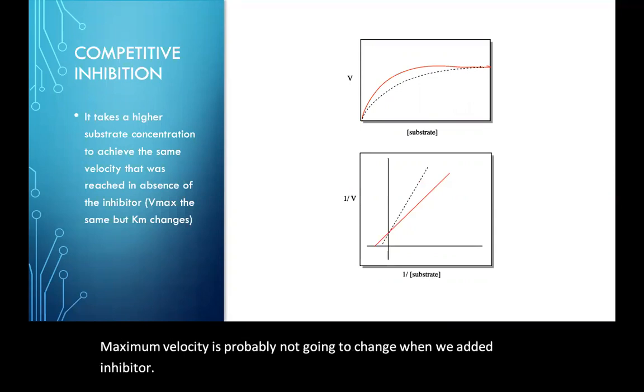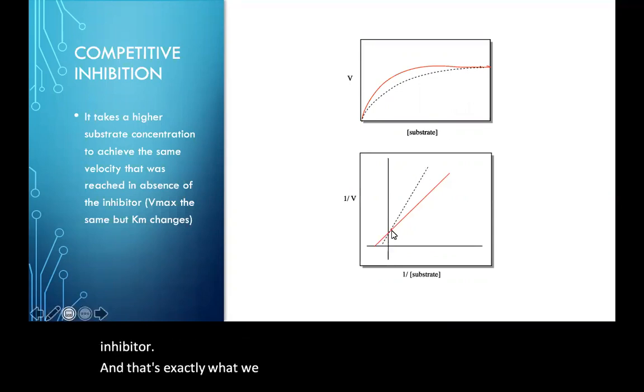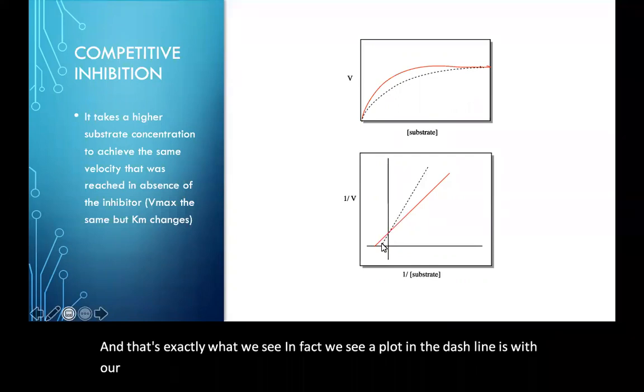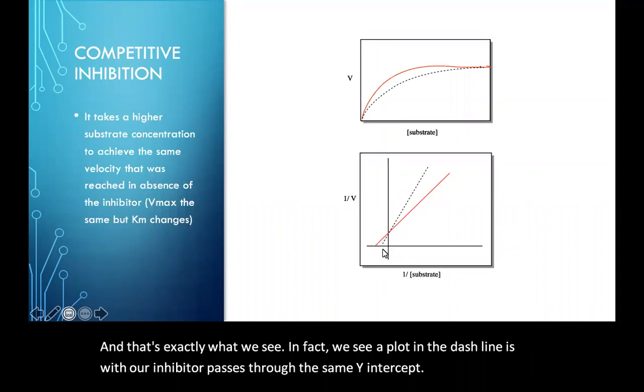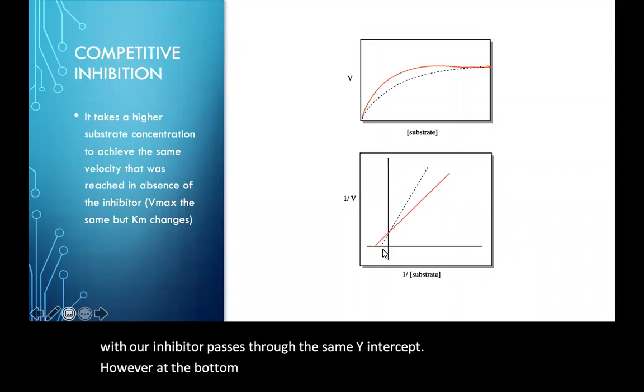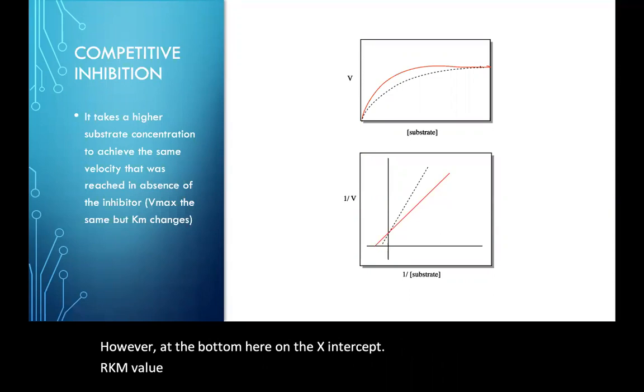And that's exactly what we see. In fact, the plot, again the dashed line is with our inhibitor, passes through the same y-intercept. However, at the bottom here, on the x-intercept, our Km value increases. In other words, our negative 1 over Km gets closer to 0.